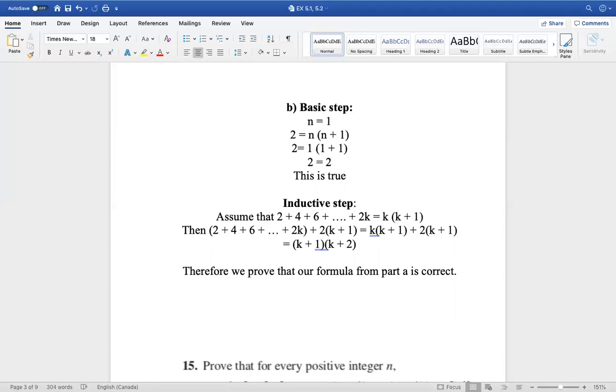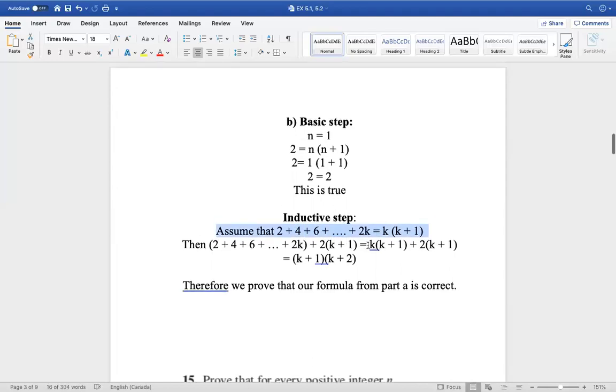Normally, don't we first write the formula for P(k+1) before making the comparison? I'm sorry? Prior to doing the calculation, we would normally put the formula for P(k+1), like P(k+1) equals 2 plus 4 plus 6 plus 8 plus ... plus 2k plus 2(k+1). Yeah, so this one here is from the question, right?